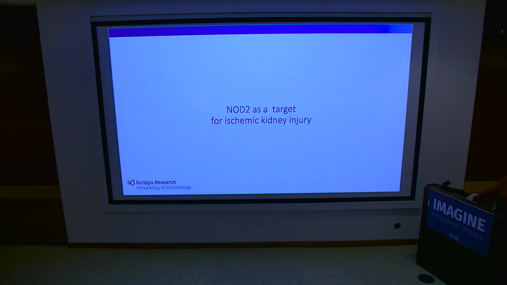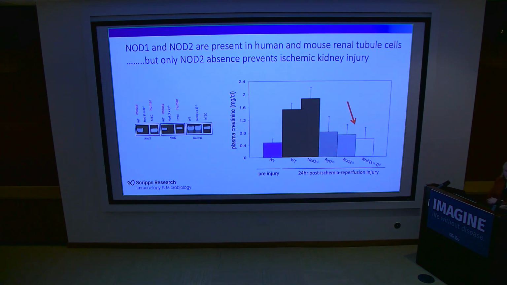So for NOD2, we found NOD2 was present in both human and mouse renal tubular epithelial cells, and interestingly, deleting NOD1 did not protect from ischemia reperfusion injury, but deleting NOD2 did. But NOD1, I didn't show the data, protects from neutrophil infiltration.